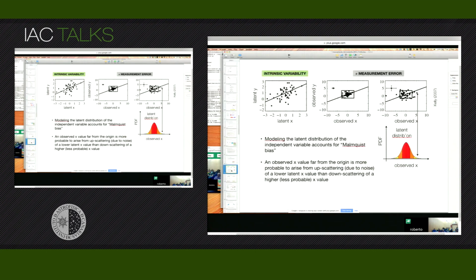Here I want to go back to the Kelly paper just to make a point: the important question is the ratio between the intrinsic population variability of the axes and the measurement error scale. In other words, this plot shows the x and y locations at the latent level. Those are the blue points in my sketch before.